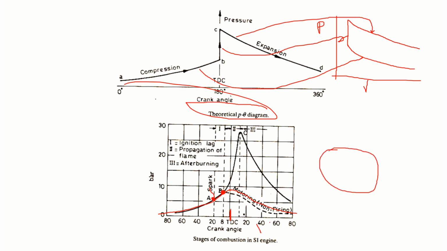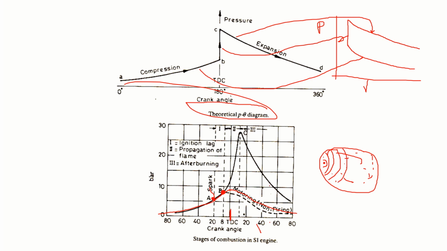Here a flame will appear like this. Here there was a spark. After ignition lag, a small flame front will appear. Assume you have an air fuel mixture in proper proportion. This flame front will travel like this and start consuming the charge.